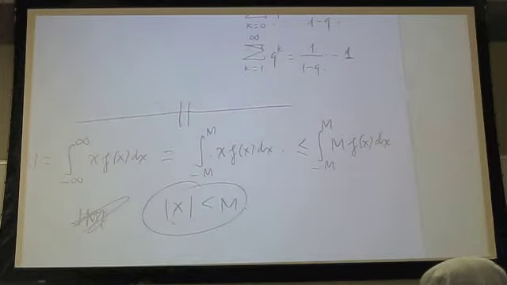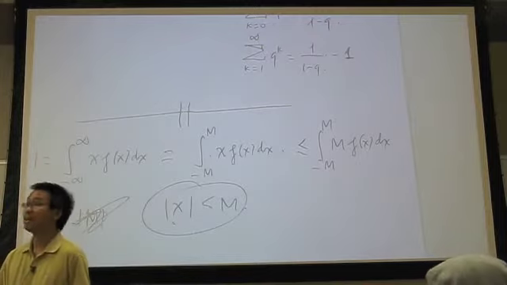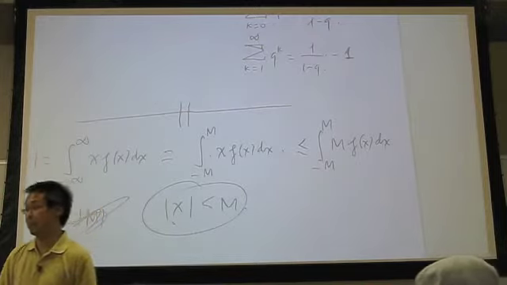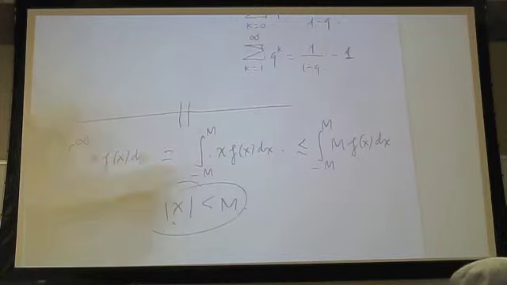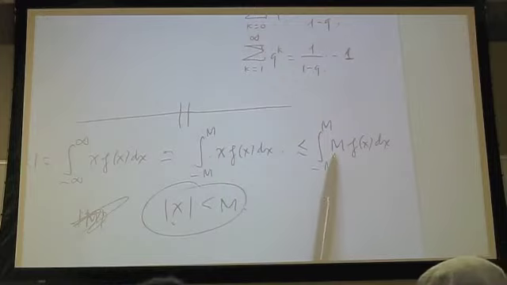Agreed? Because x is always at most m, and x ranges from negative m to m, so it is bounded by m.